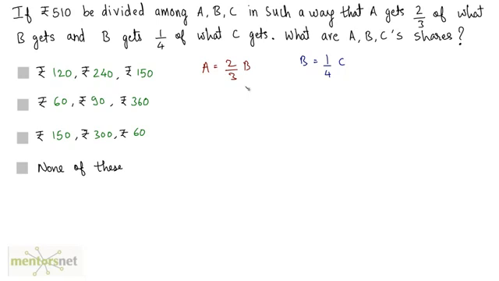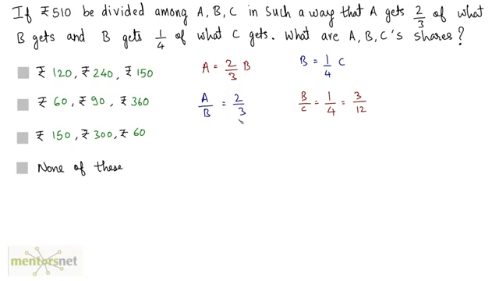Now I can get the ratios from this. The ratio of A to B is 2:3 and the ratio of B to C is 1:4. Now I can rewrite B by C as, if I multiply the numerator and denominator by 3, I get 3/12.